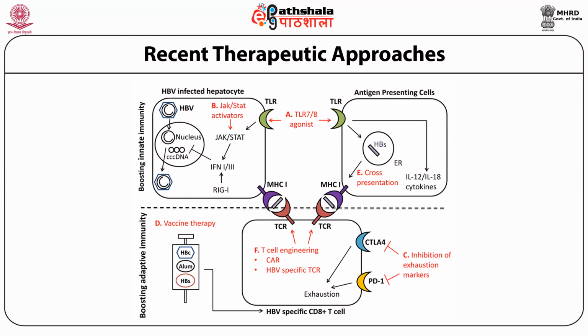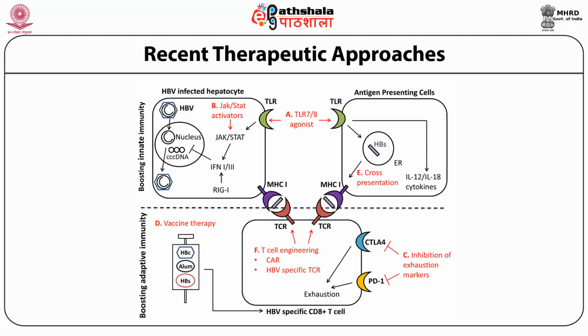Now I combined this to show how recent therapeutic approaches boost the innate immunity and the adoptive. The upper part I have already explained, how you can use the TLR agonist and see the boosting of innate immunity.